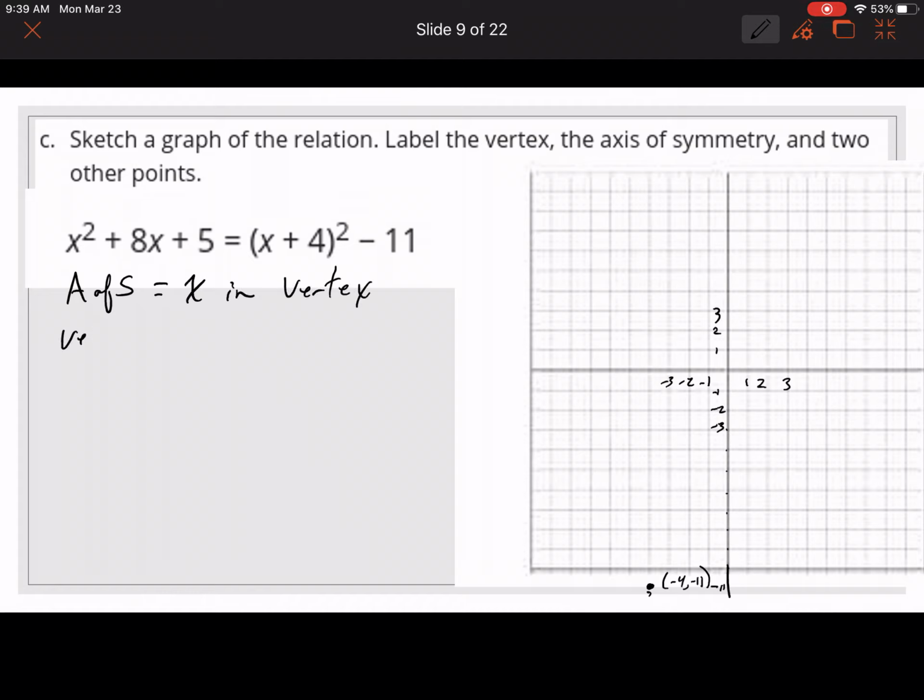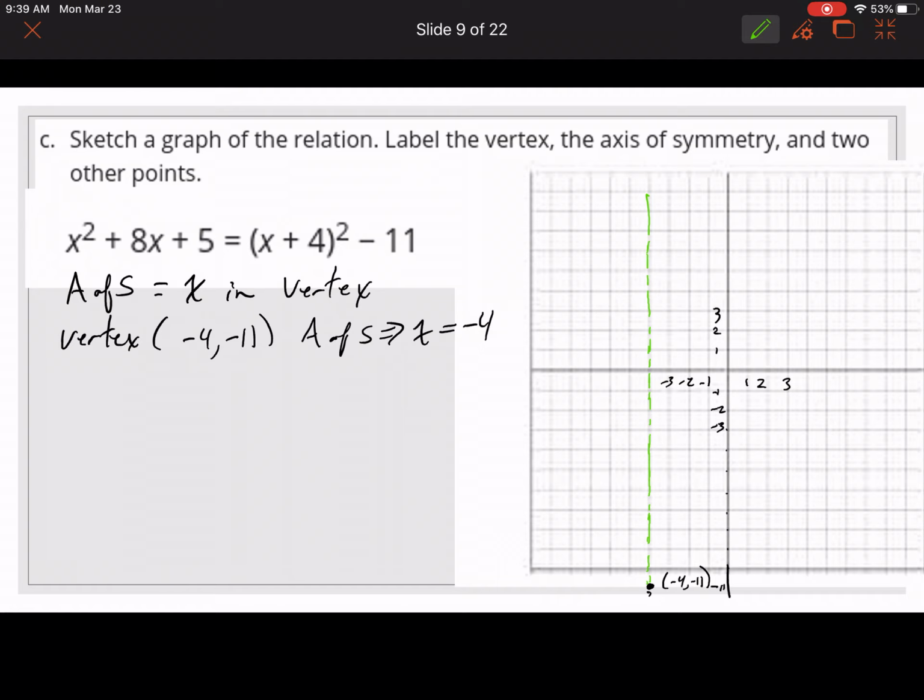So if our vertex is negative 4, negative 11, our axis of symmetry equals x equals negative 4. So always put x equals negative 4. We've been not doing that as well as we should. So our axis of symmetry is going to be in green. We know that. That's our symmetrical point.